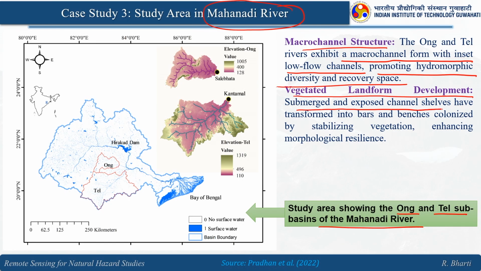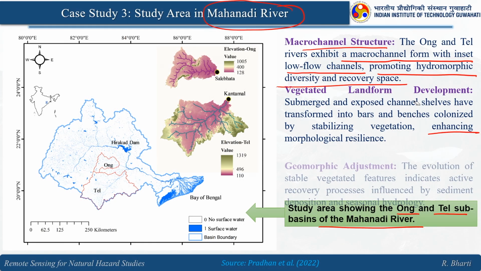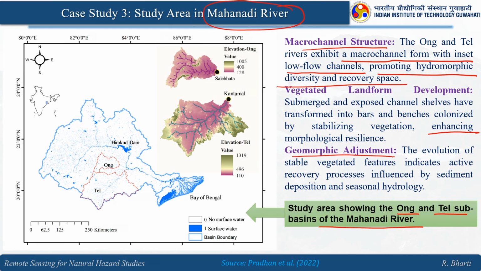Submerged and exposed channel shelves have transformed into bars and benches colonized by stabilizing vegetation, enhancing morphological resilience, right. Geomorphic adjustment, the evolution of stable vegetated features, indicates an active recovery process influenced by sediment deposition and seasonal hydrology.